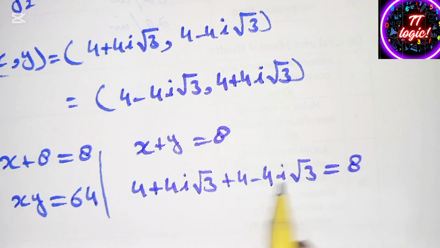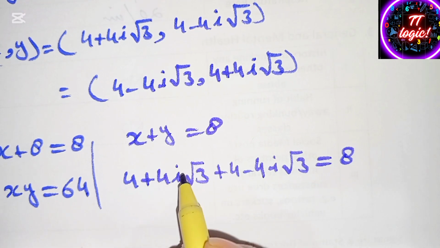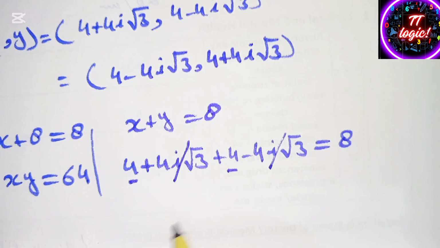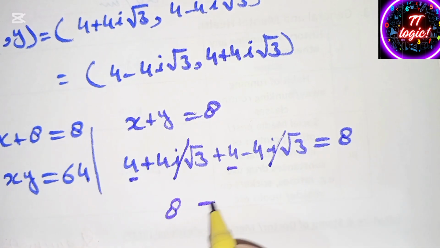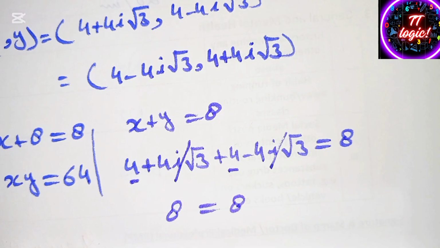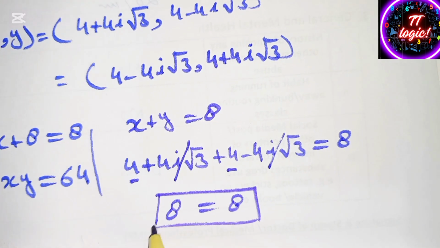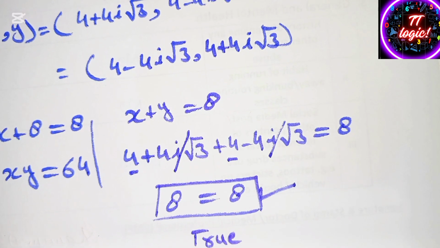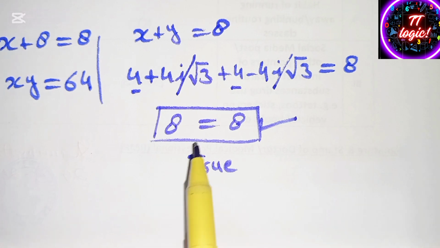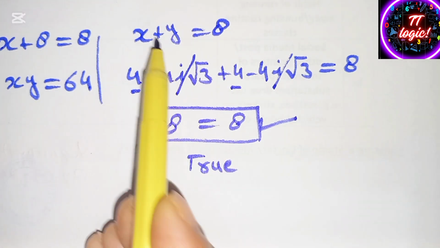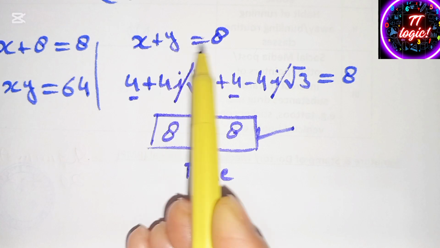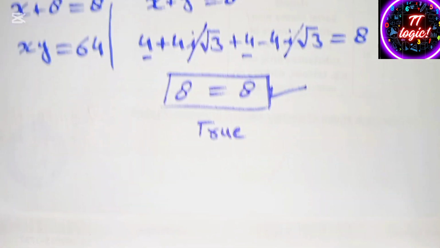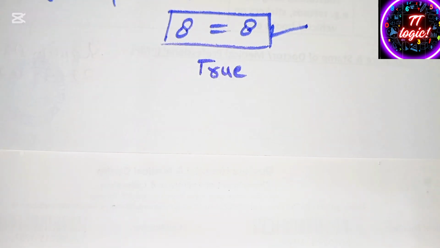The imaginary parts cancel out, and 4 and 4 is 8, so the verification is true. Now we verify xy is equal to 64.